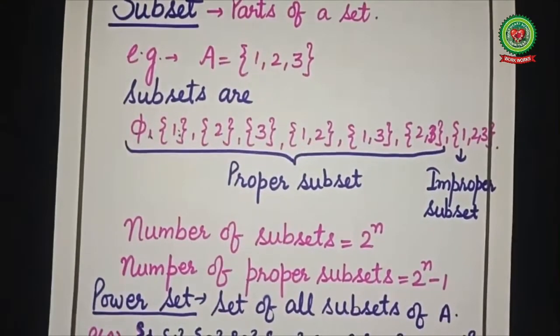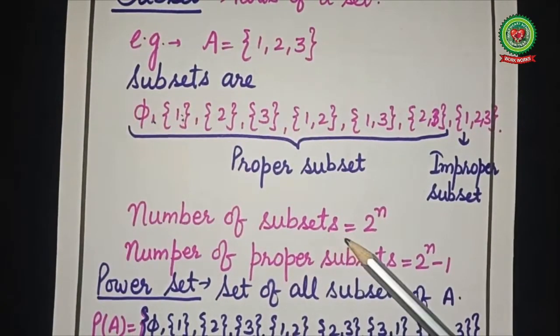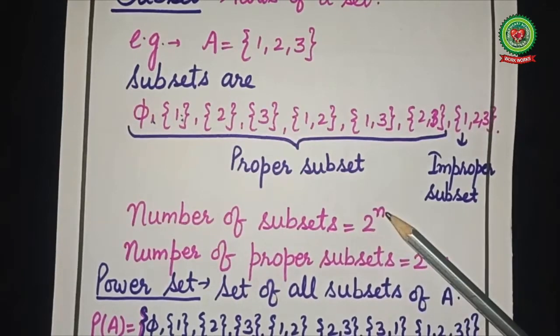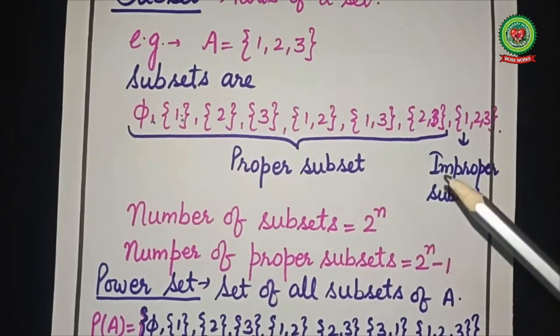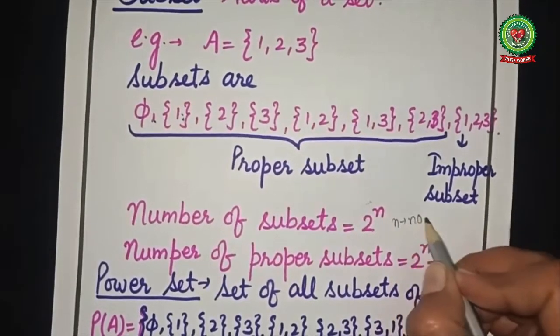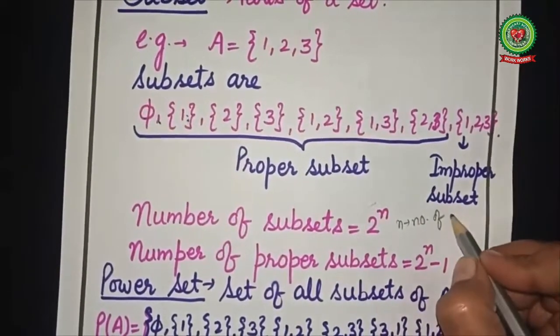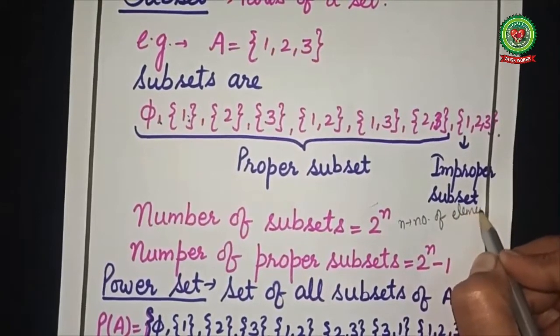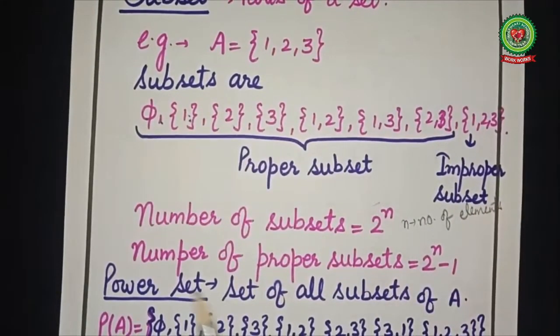The number of subsets is always equal to 2 raised to power n, where n is the number of elements of the set. And the number of proper subsets is always 1 less than the subsets. So, the formula is 2 raised to power n minus 1.